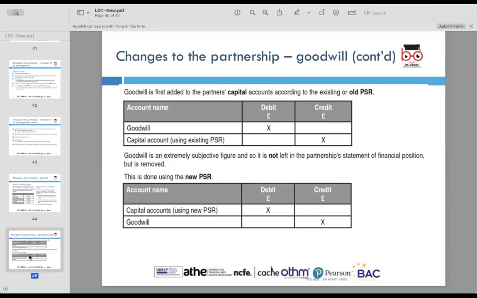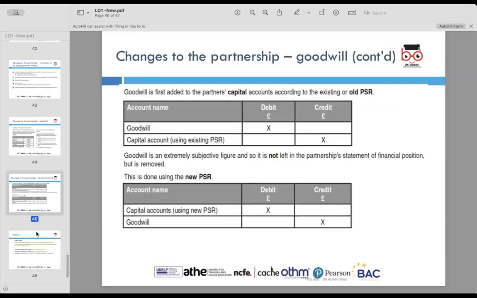For example, if goodwill is 50,000 pounds, credit capital accounts using the existing PSR, profit sharing ratio. Debit goodwill 50,000 and credit capital accounts 50,000.